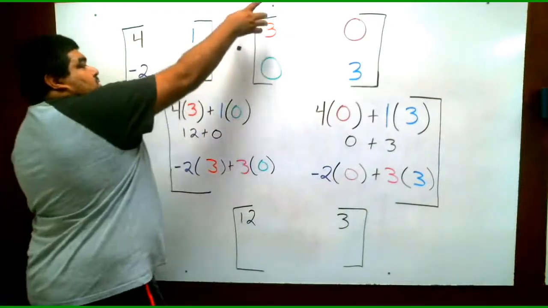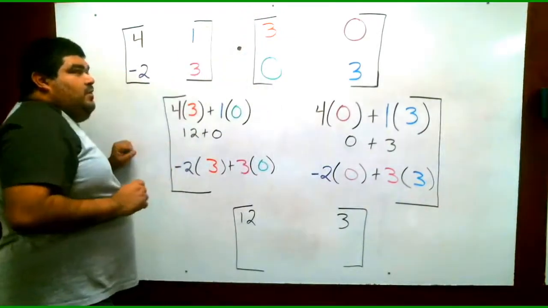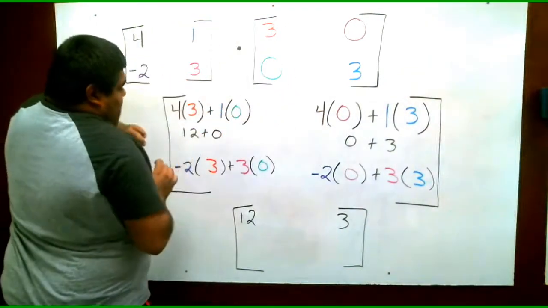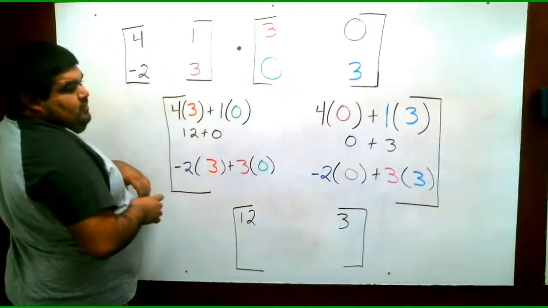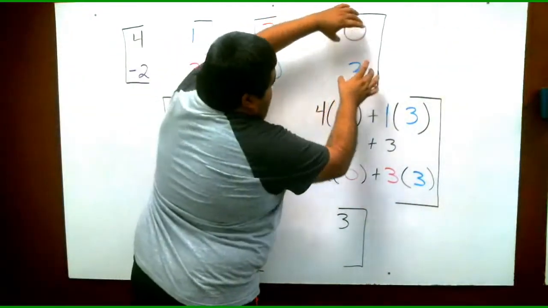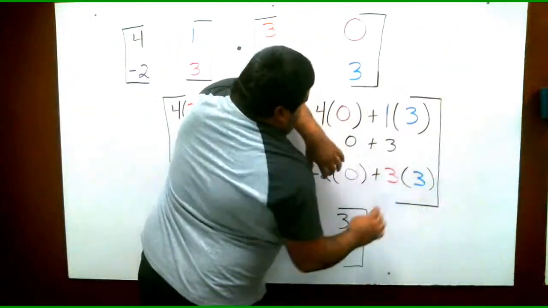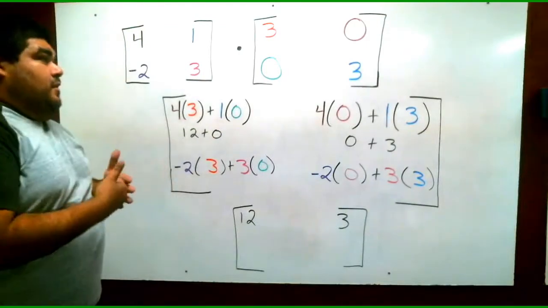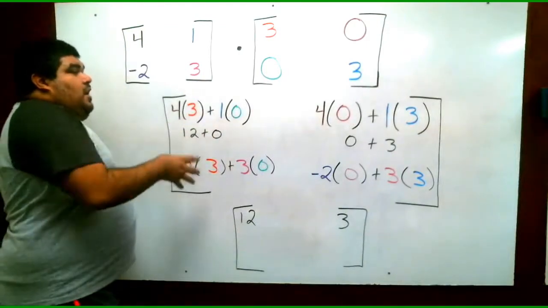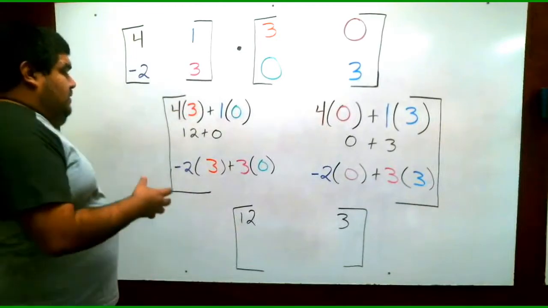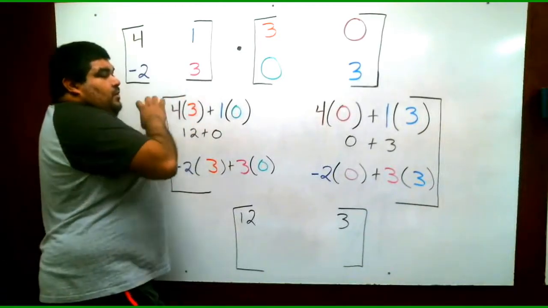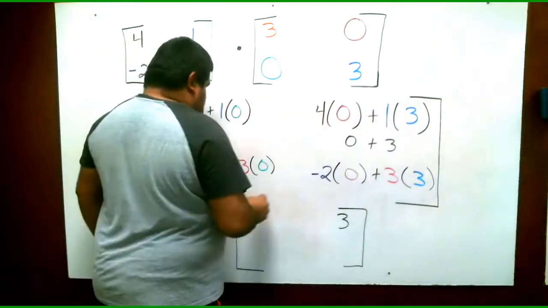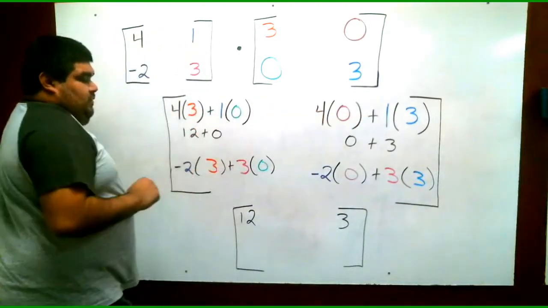The same now with our numbers 3 and 0, and 0 and 3. So that's the pattern: the column stays the same, the rows stay the same. So 4 and 1, 4 and 1, and then 3, 0, 3, 0.